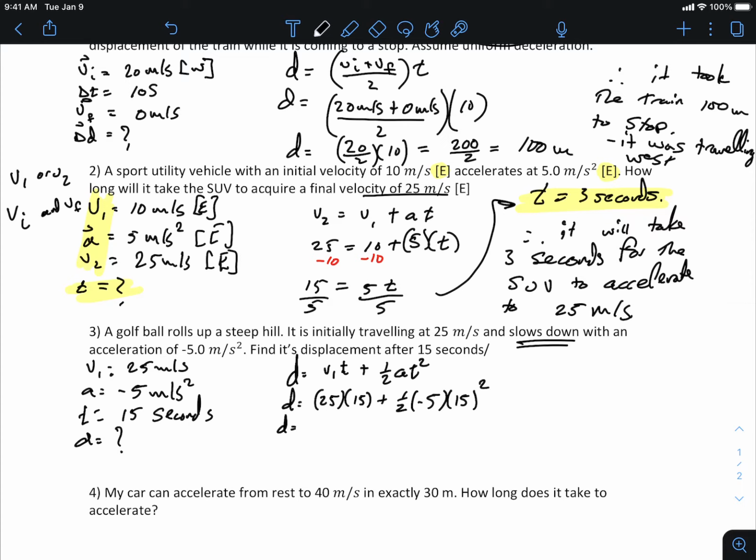You can do it in 2 pieces, or if you've got a scientific calculator, you can do it all in one go. Bracket 25, close bracket, 15, bracket plus 0.5 bracket times negative 5 times 15 squared. That's my answer.